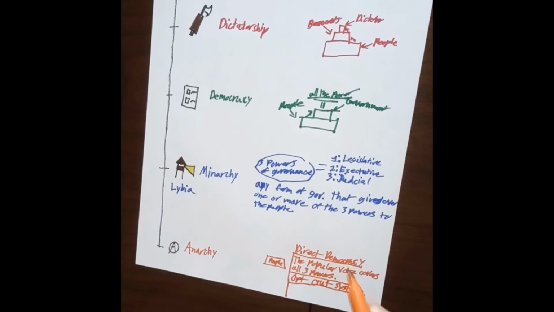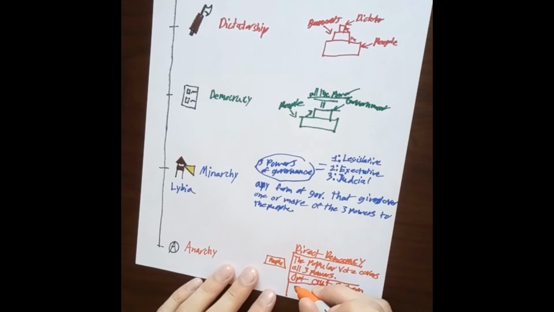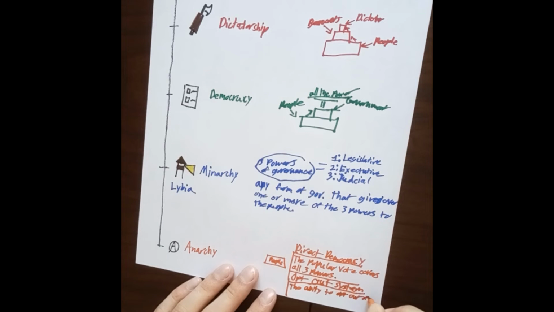Basically, an opt-out system is the ability to opt out of a collective decision.